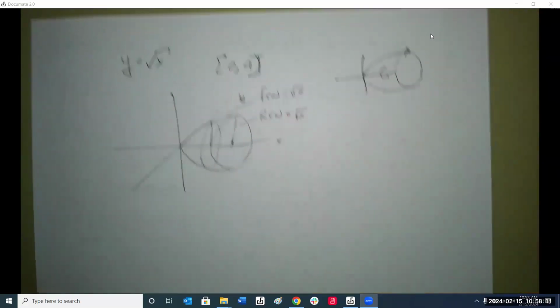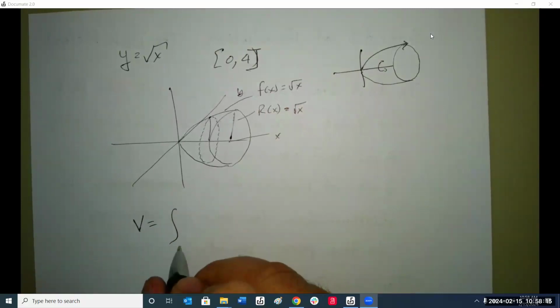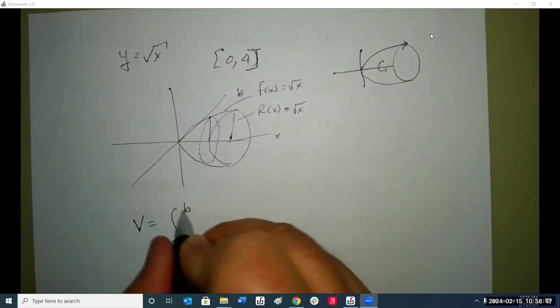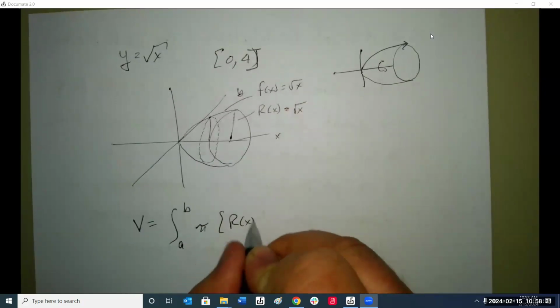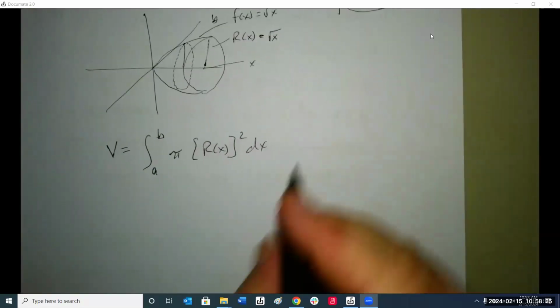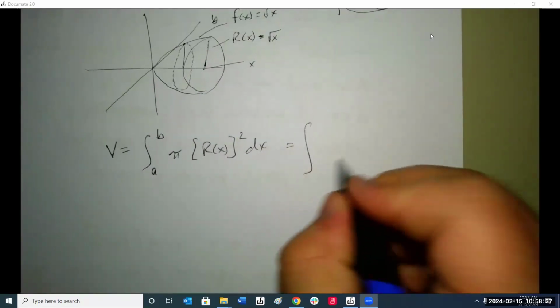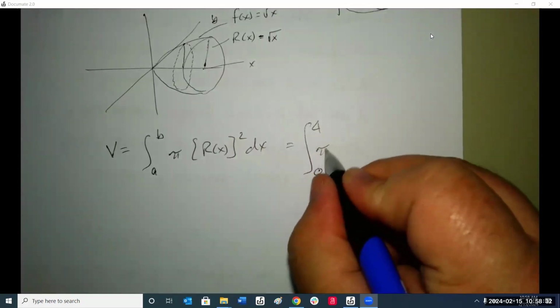All right, so let's put it all together. The volume equals a to b of pi r of x squared dx. A is 0 to 4.